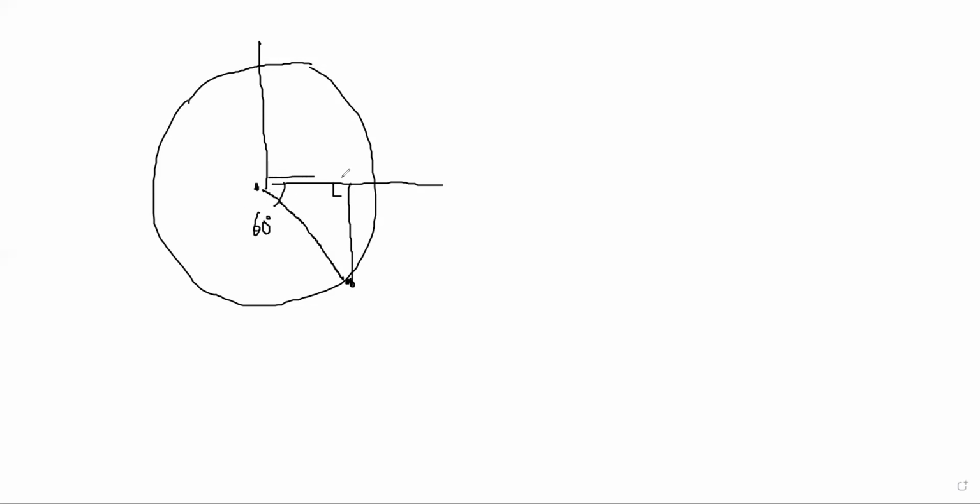And you have to do base by hypotenuse. So notice that cos of minus 60 is still positive. Because this base is positive in the fourth quadrant also.